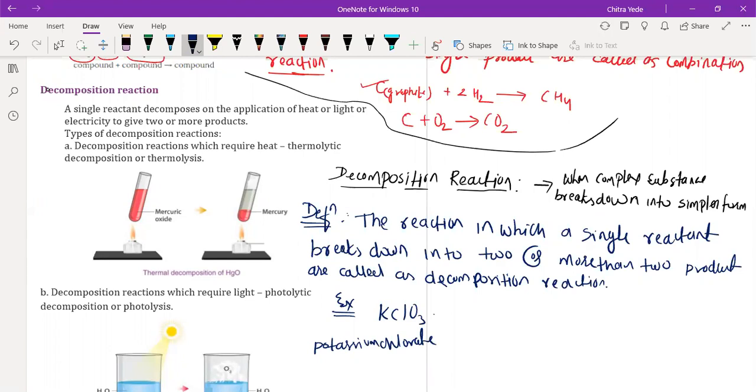When it decomposes in the presence of MnO2, manganese dioxide, it gives KCl, potassium chloride, along with oxygen gas released. So in order to balance, we have to multiply here by 2, here again by 2, and here 3. So it is potassium chloride.